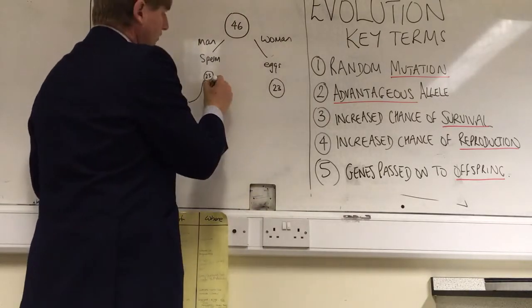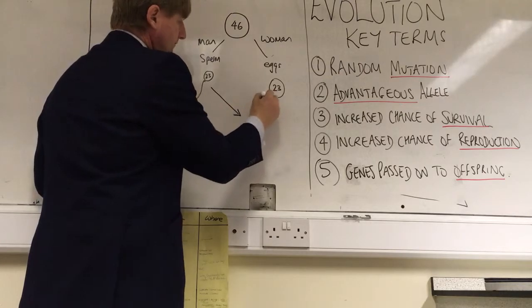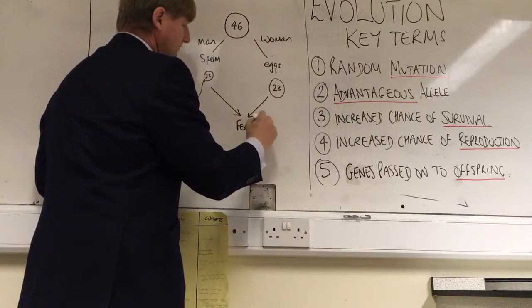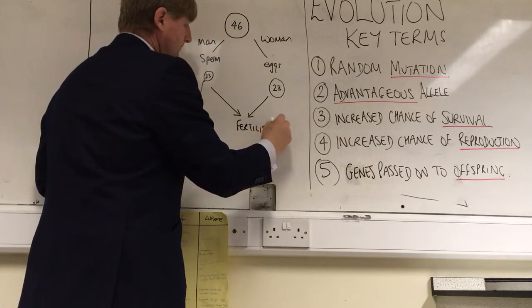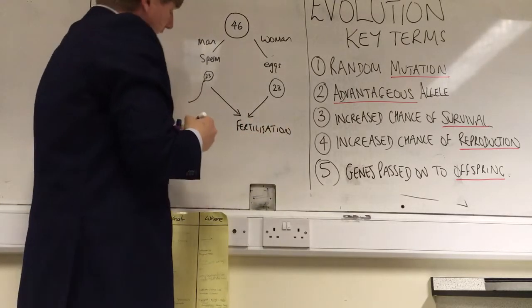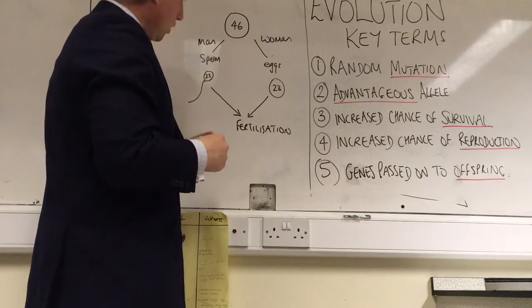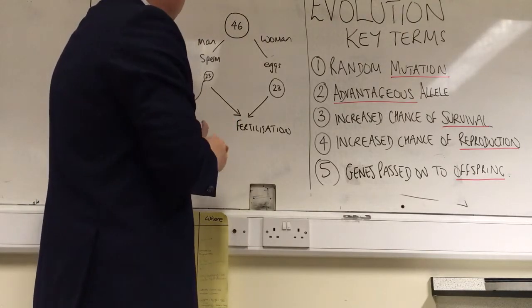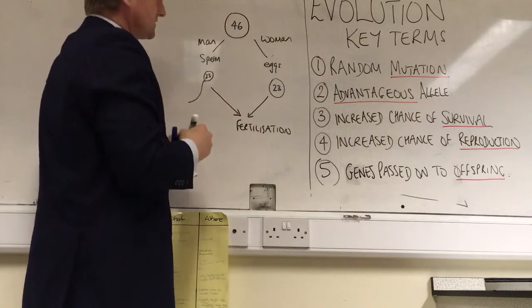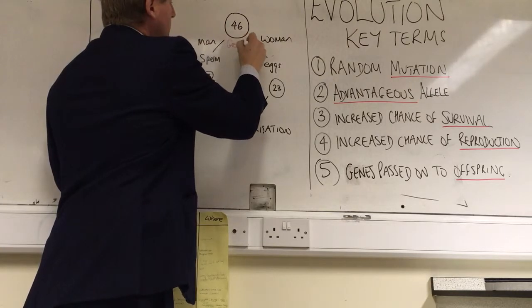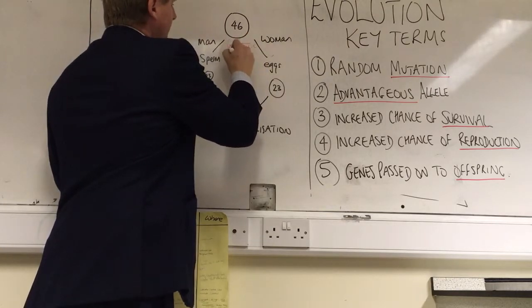And these two will come together in a process called fertilization. So where can a change of DNA happen? Well, in the process of making sperm and eggs, there's what we call a lot of genetic variation.